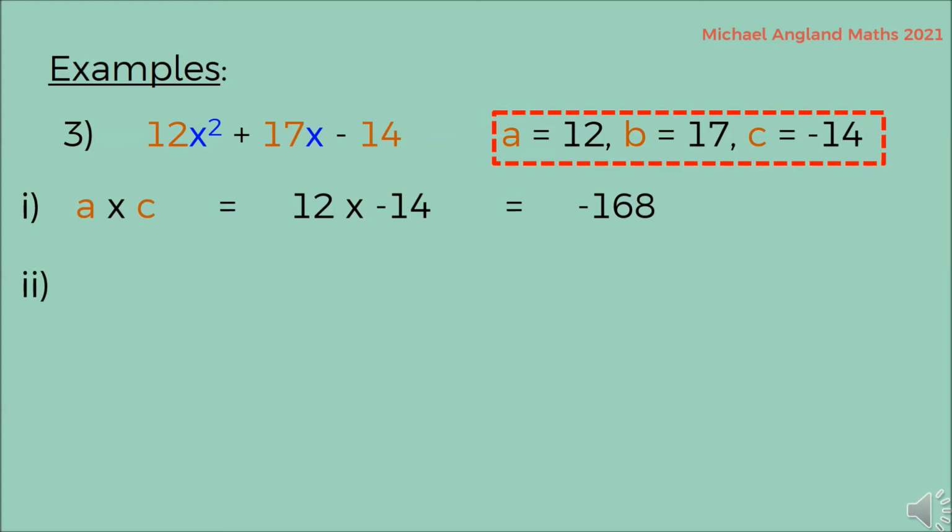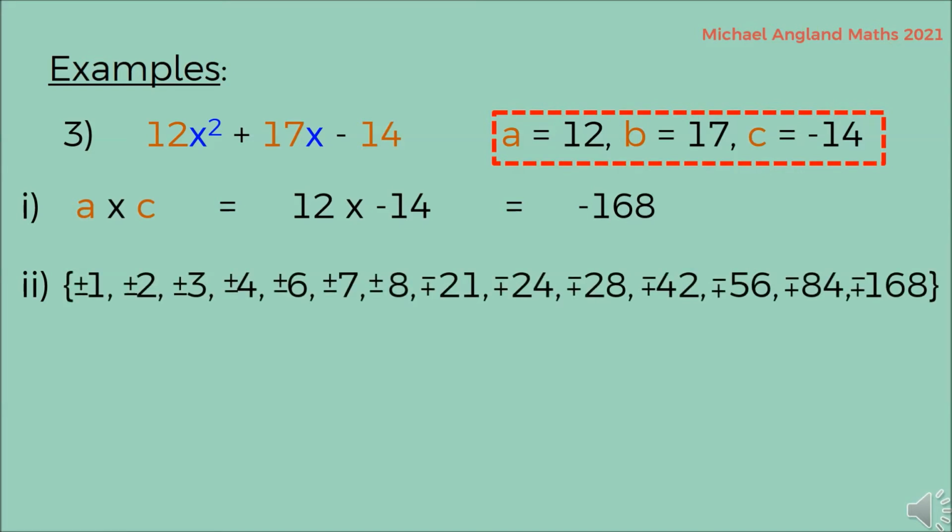Step 2, list the factors of minus 168. Because we have a product which is negative, that means each pair of factors will be positive and negative. You'll notice that I've notated the factors with plus and minus signs.